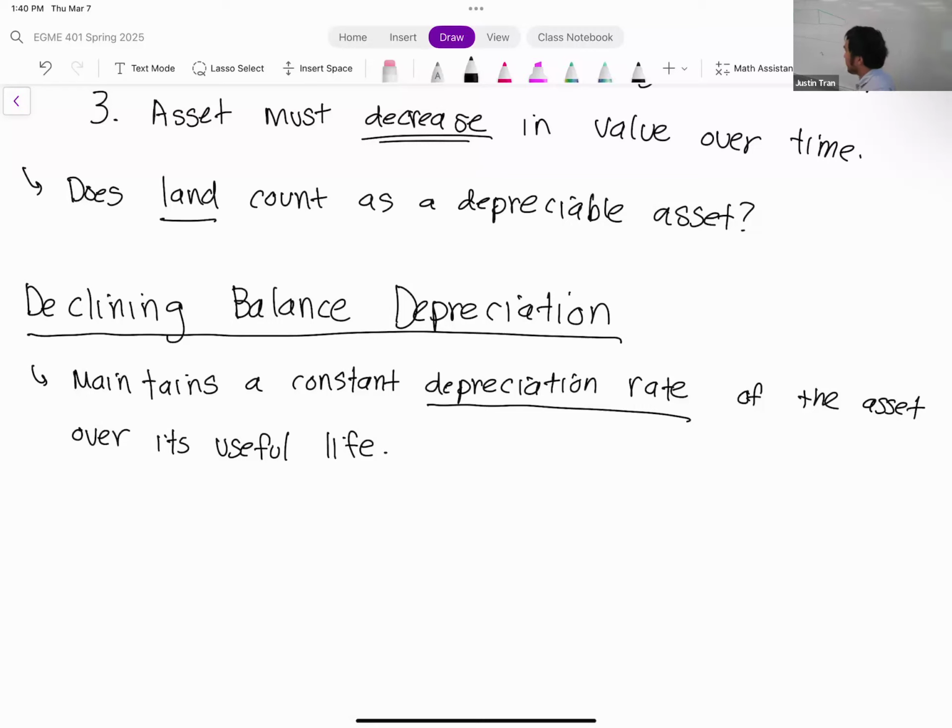What I mean by that is that, compared to the previous year, in declining balance depreciation, the asset will lose a fixed percentage of whatever its current value is.